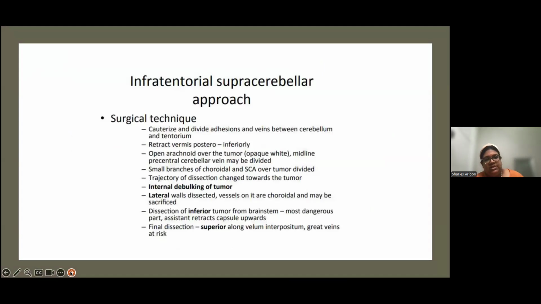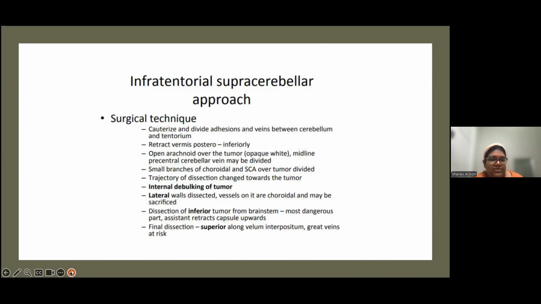The surgical technique: cauterize and divide the adhesions and the veins between the cerebellum and the tentorium. Retract the vermis posterior inferiorly. Open the arachnoid over the tumor, which is opaque or white. The midline precentral cerebellar vein is divided.